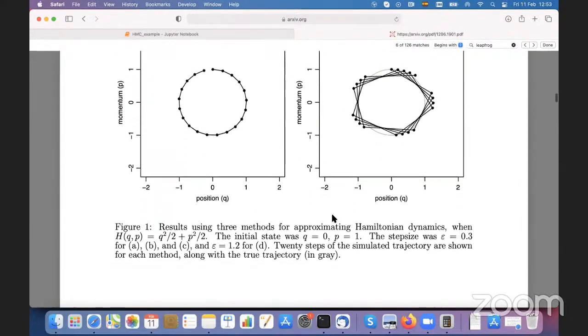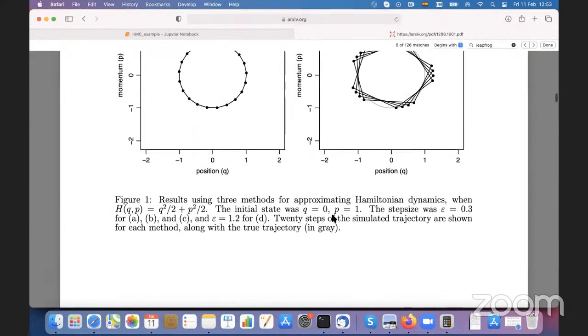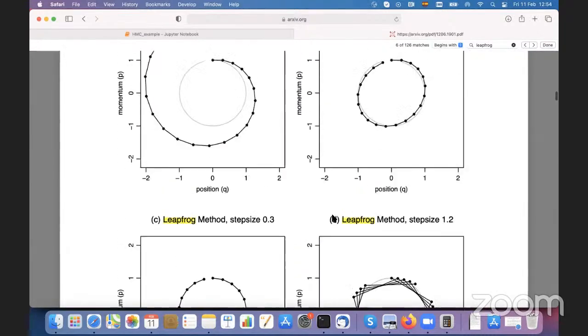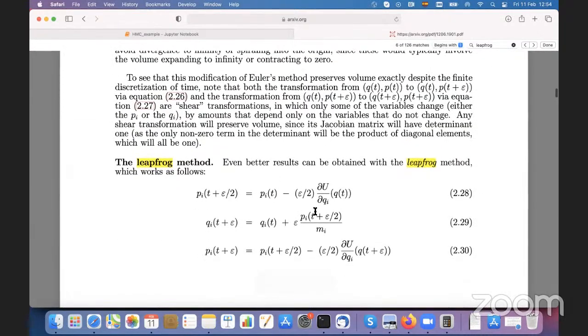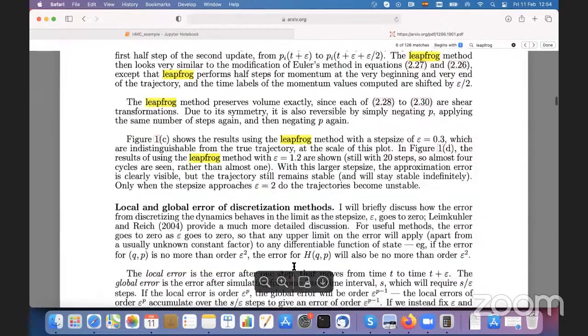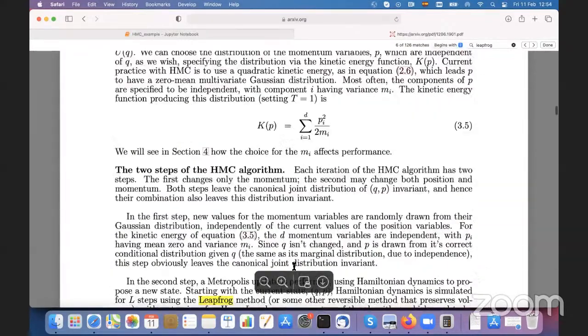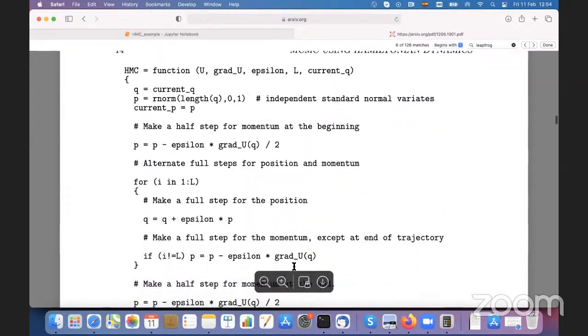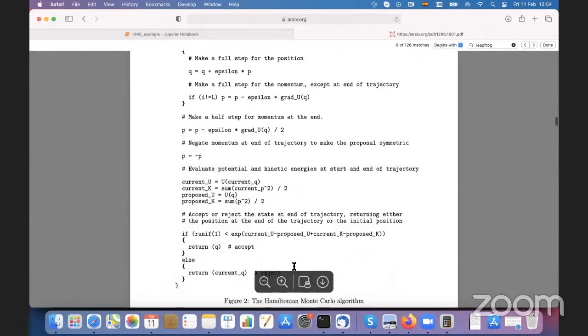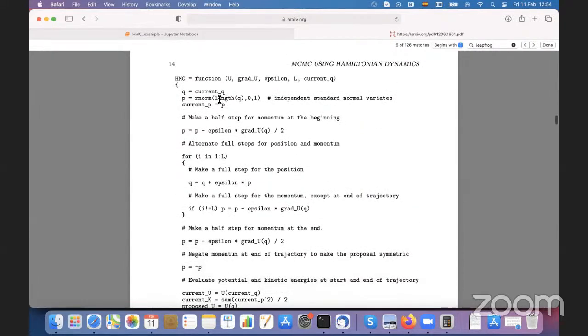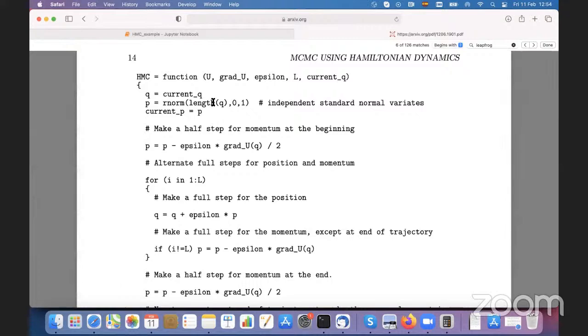So I was preparing a code for that, but I don't know if it is too much to start showing you code. Let me go directly to the algorithm. This is a leapfrog method I was trying to write. You can implement this function very easily, where you have a function of your target distribution and the gradient of your target distribution, and it will depend on epsilon because of numerical integration, and L, and it will depend on the current state.